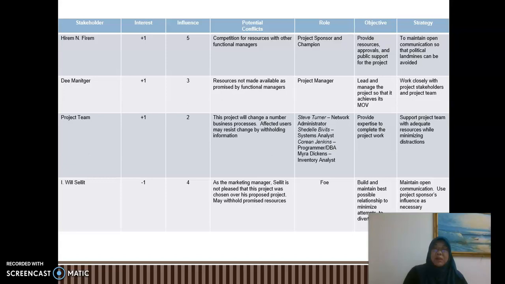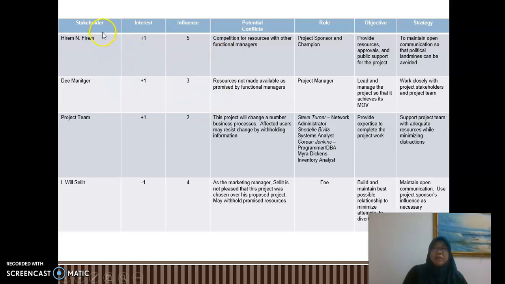Therefore, we can prepare a table to show the stakeholder analysis process. Here we have 7 columns, and each column refers to the step in the stakeholder analysis.